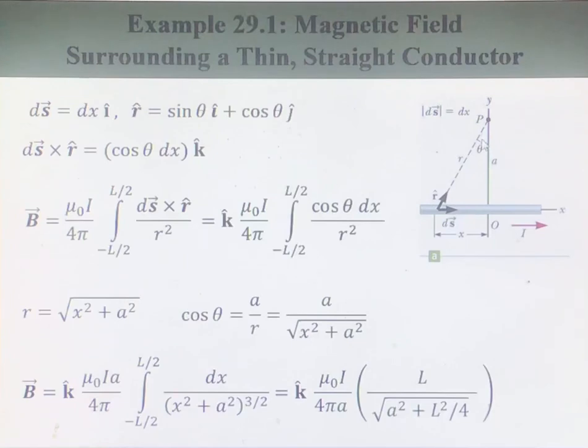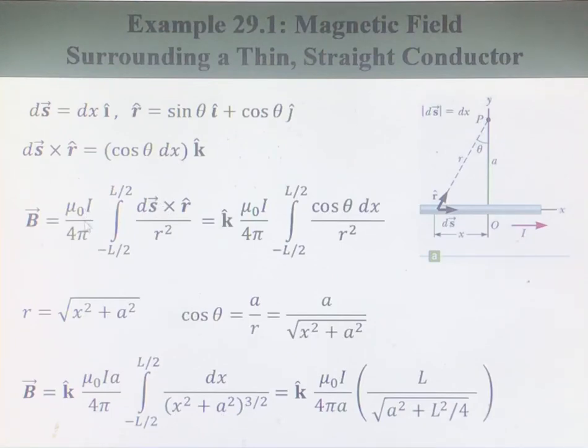Because if this is my theta right here, then I can write this unit vector as sine theta in the i direction plus cosine theta in the j direction. Now, if I take the cross product between my ds vector and my r hat vector, I simply get cosine of theta dx pointing in the k direction.